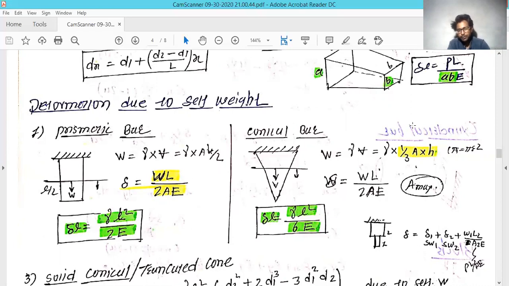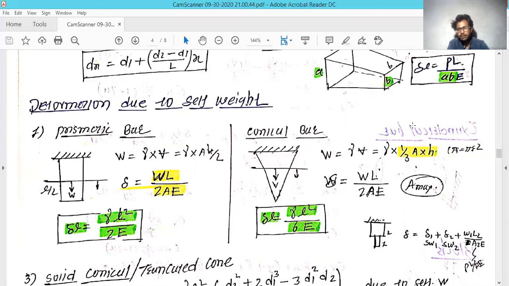Before that, you have to understand the basic concept of weight. Weight is nothing but mg, and the mass can also be written in terms of rho.